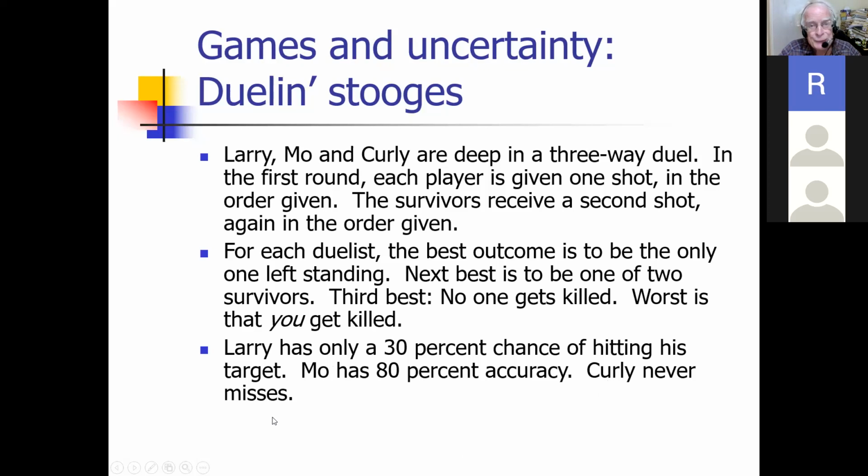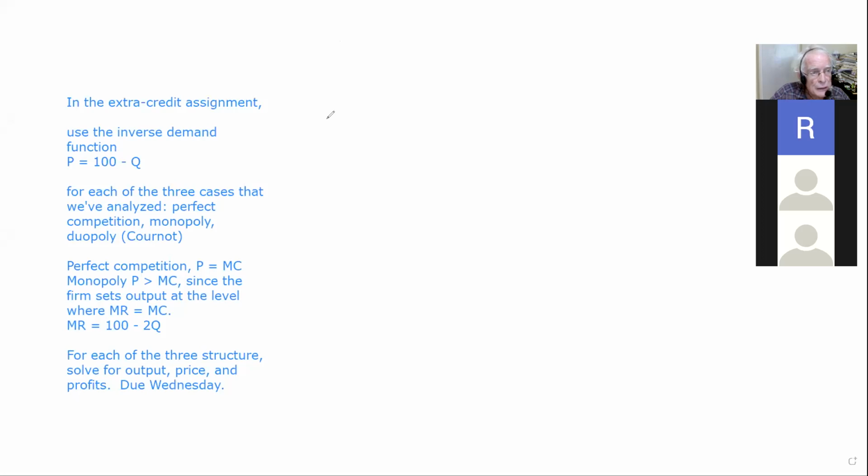So this is a sequential game, that is, each player is moving in turn and reacting to the actions of the other players. So what should we do? Have you found a solution to that problem for extra credit?